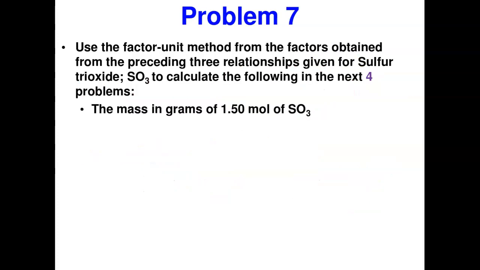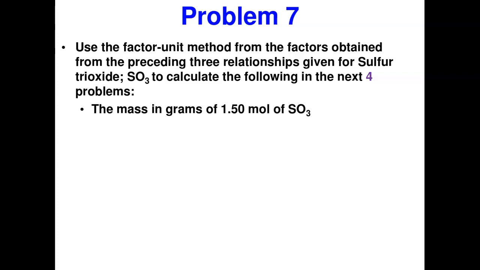If we go to the next problem, it says use the factor label method from the factors obtained from the preceding relationships given for sulfur trioxide to calculate the following. Again, I've been using sulfur trioxide as a good example here. So we're going to use those conversion factors we had earlier to solve these problems. So let's do it.